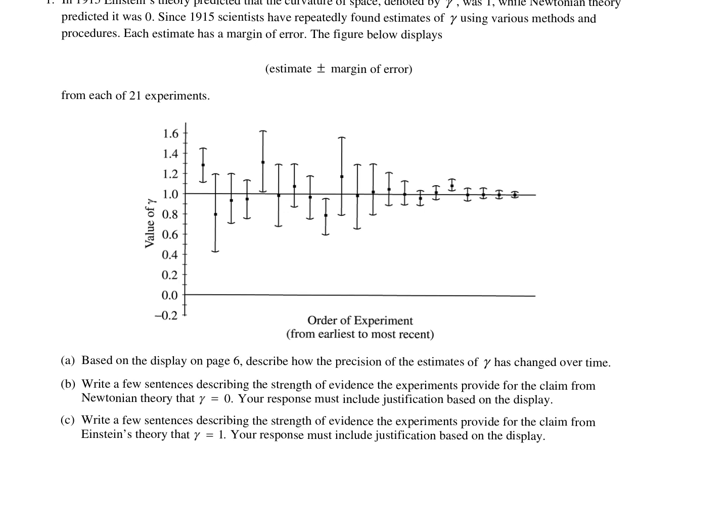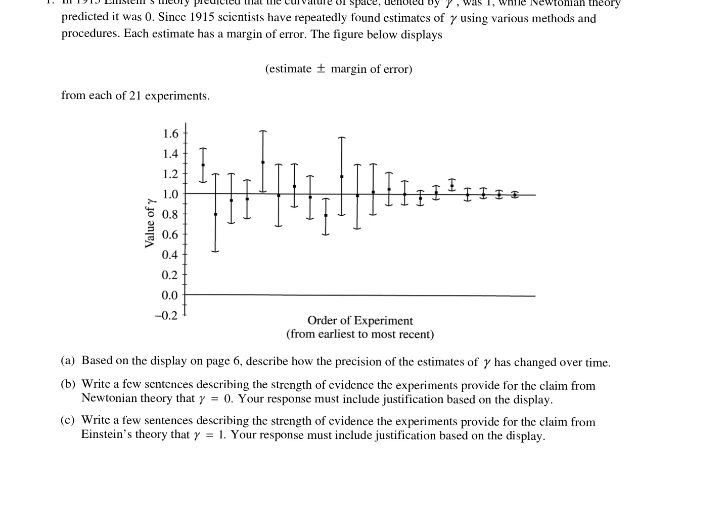B says, write a few sentences describing the strength of evidence the experiments provide for the claim from Newtonian theory that gamma is equal to 0. Your response must include justification based on the display. What would you say our display says about the theory that gamma is equal to 0?